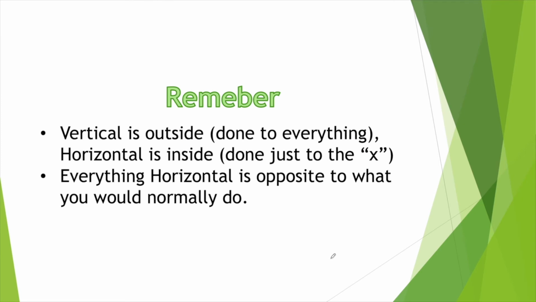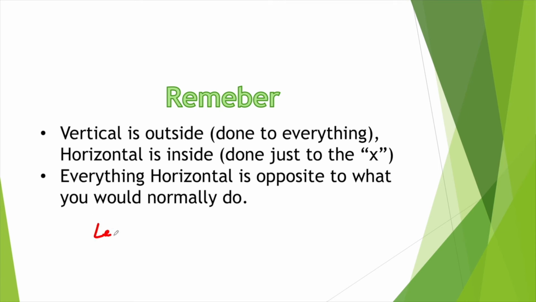Remember, anything that is done vertically will be done on the outside of the function. It's going to be done to everything, is the best way I can put it. Horizontal, on the other hand, is done on the inside of the parentheses, which means that it's going to be done just to the x value, nothing else. And lastly, everything horizontal is opposite to what you normally do.